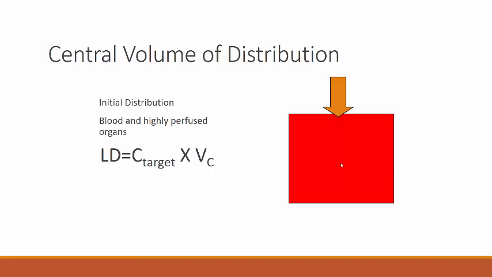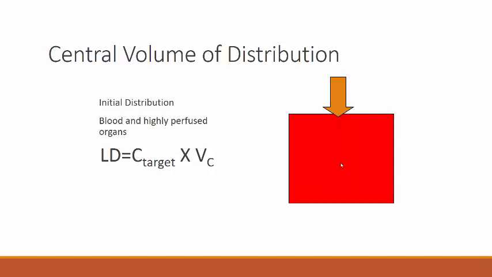Do we want to calculate our loading dose, that initial dose, based upon where the drug will go eventually? What would be the risk here? Well, the risk would be that we would have too large a loading dose and the concentration would be too high, because we're using a volume much larger than where the drug is actually going to go to begin with.